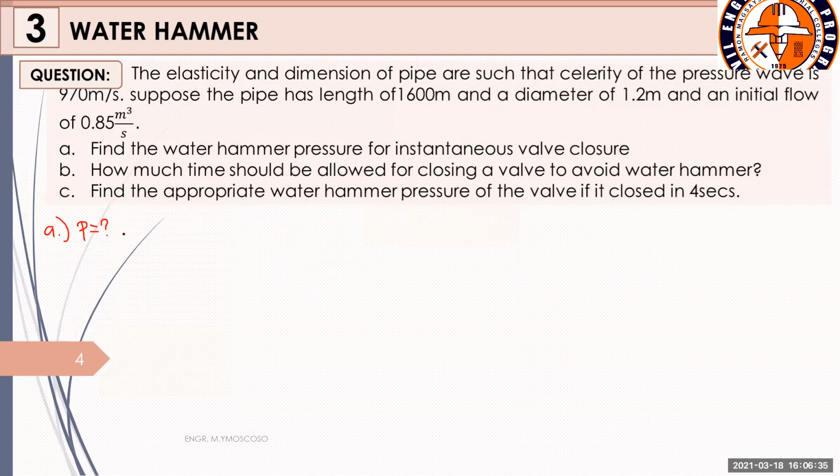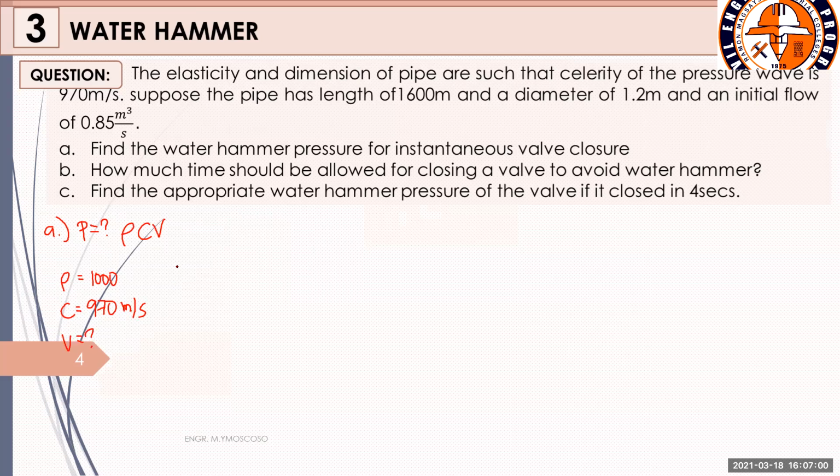So you have here yung formula natin for water hammer pressure, that will be rho CV. Since water yung given, conclude natin na water, you have your rho as 1,000, your C, which is the velocity of sound, which is your celerity, that would be 970 meters per second. At wala tayo would be your velocity.